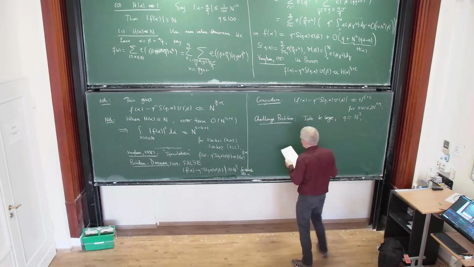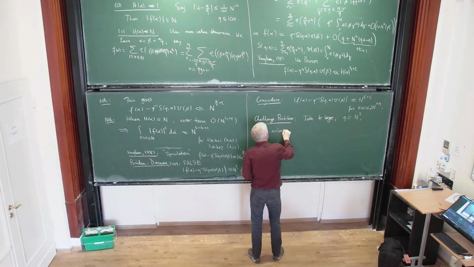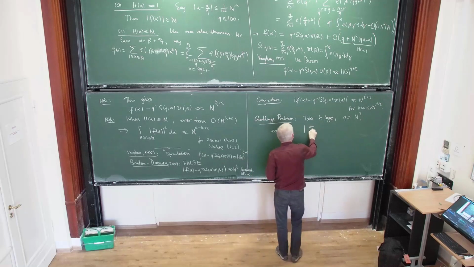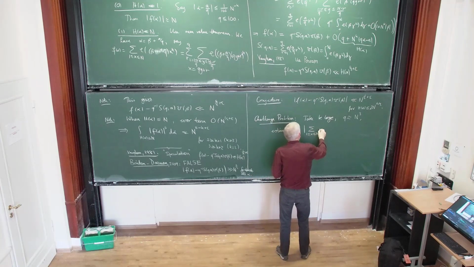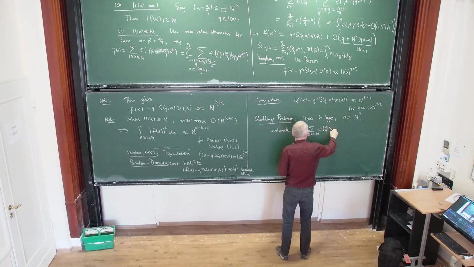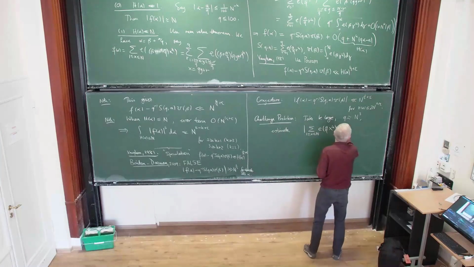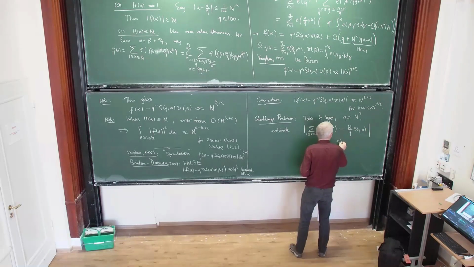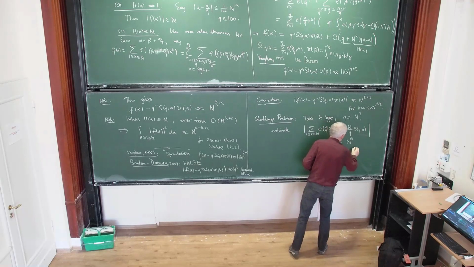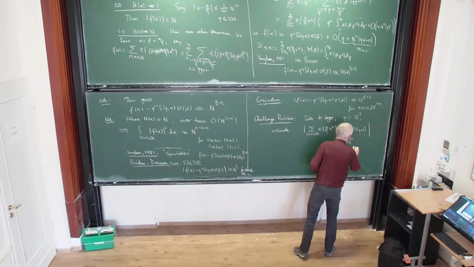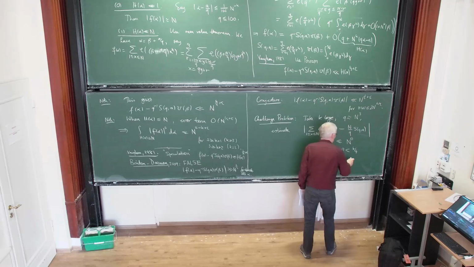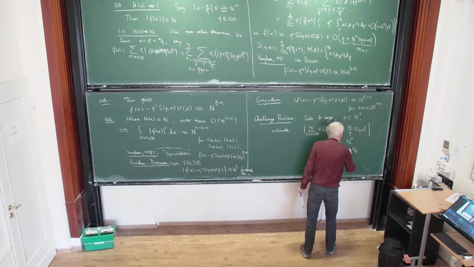And now try to estimate the difference between the exponential sum where I just make it a rational number with denominator q, and I subtract off what you would imagine would be the main term here, and you want this to be smaller than n to the theta, and you want theta to be smaller than k over 4.